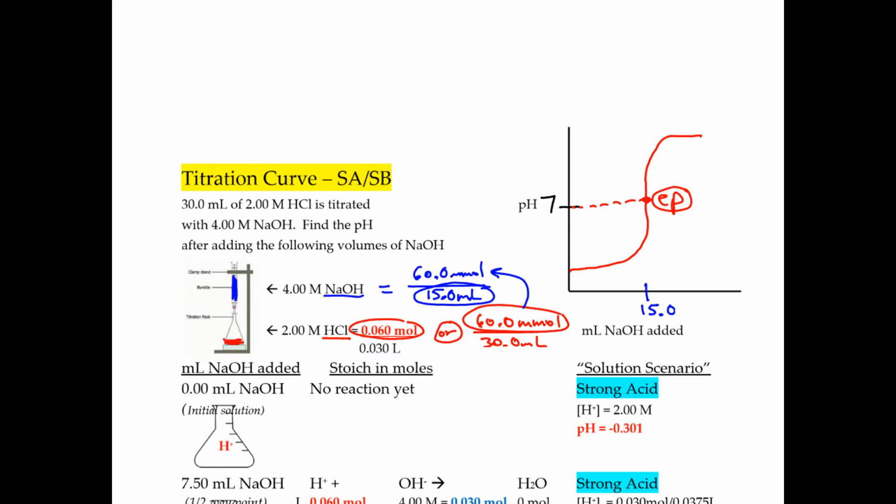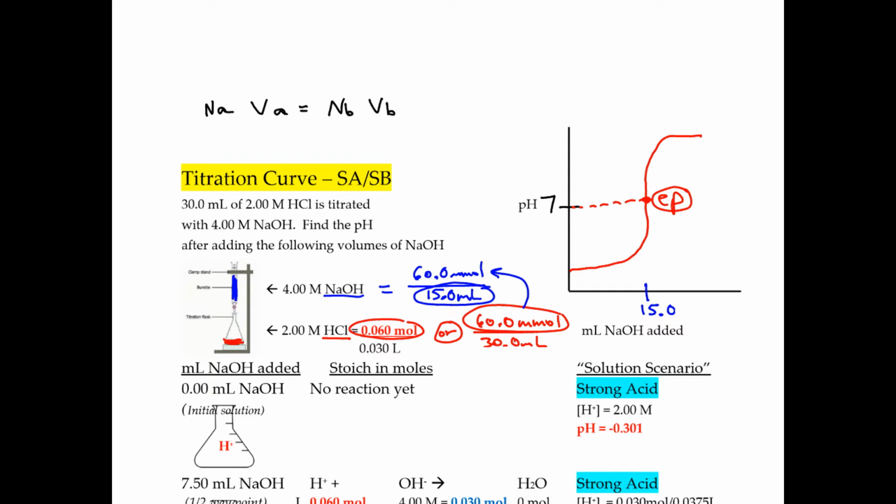So this way is pretty much foolproof as long as you can make the connection that if this were Ca(OH)2, then you would need half the amount of moles because it's going to give you twice as many. There's another formula that you could use, which is normality of acid times volume of acid equals normality of base times volume of base.